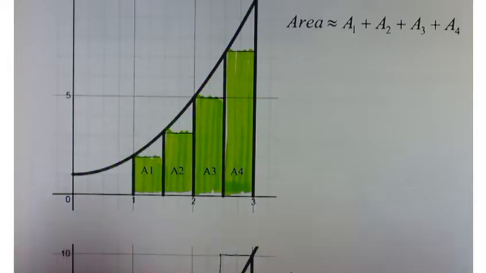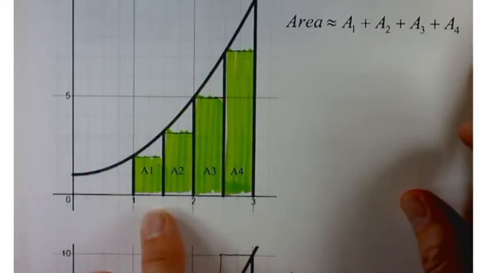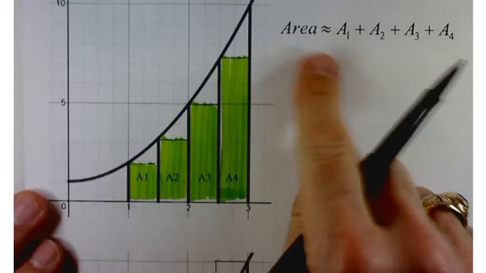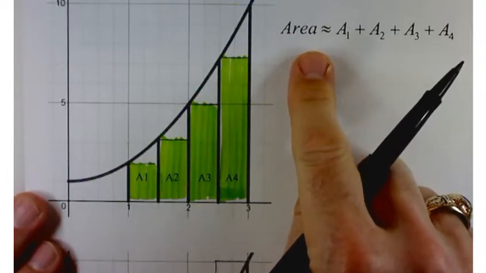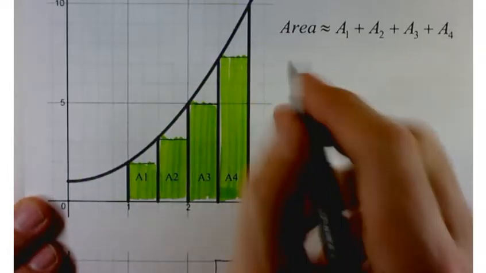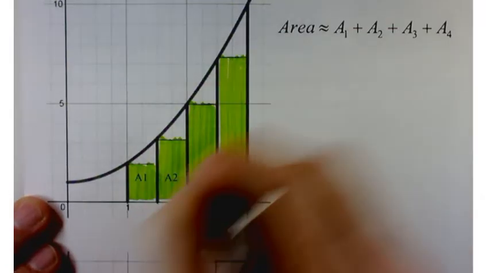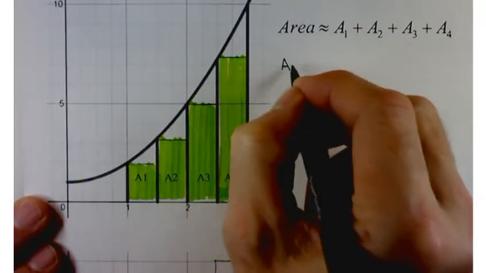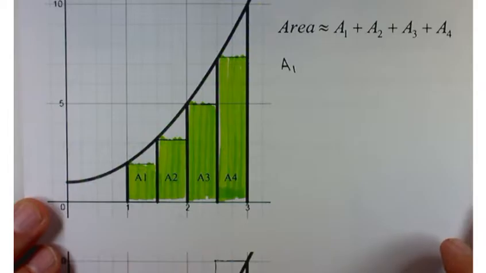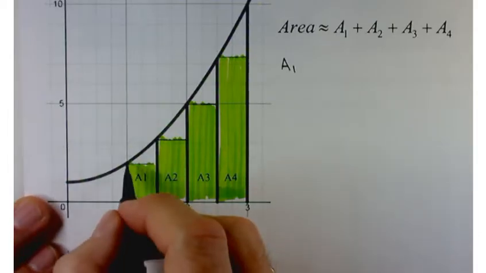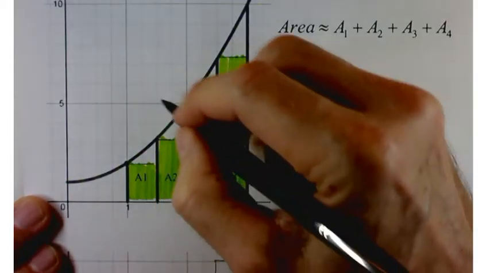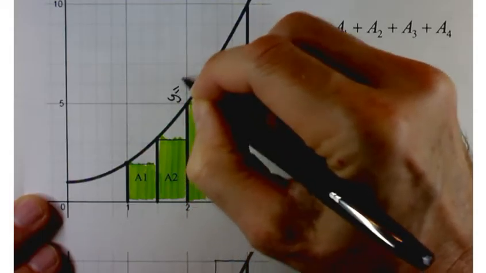Now, let's find these areas. So the overall area here is going to be approximated by the sum of these areas. Let's find the area of each of these. So area of A sub 1. Well, I guess we need to remind ourselves that this is y equals x squared plus 1.